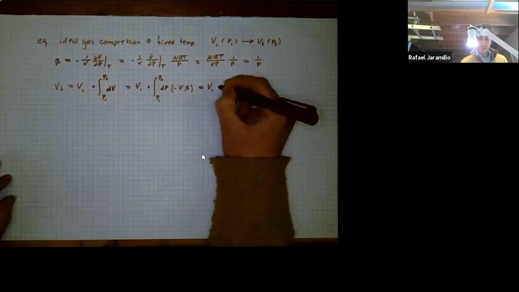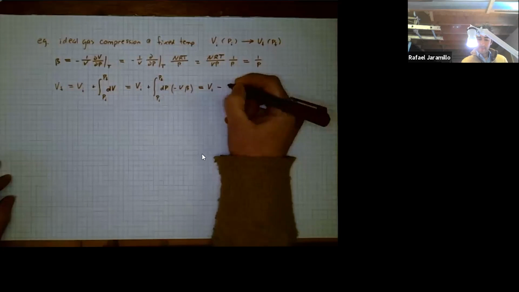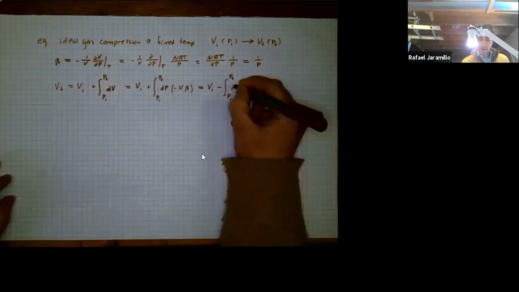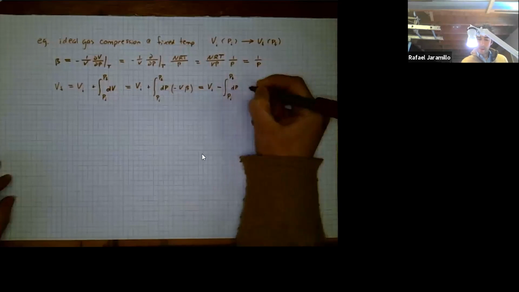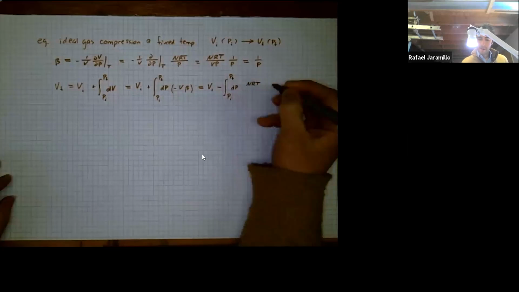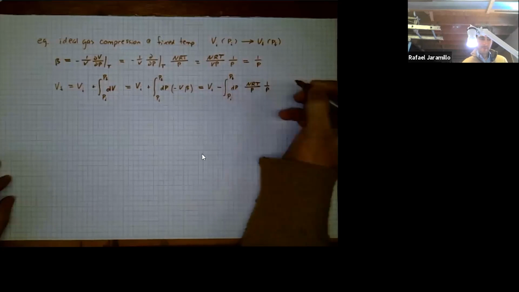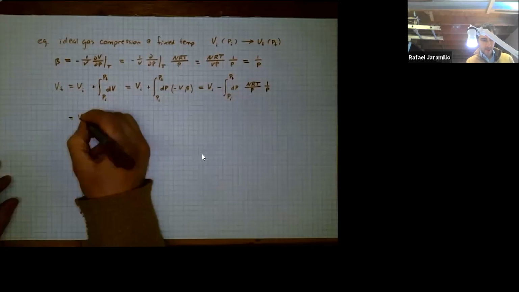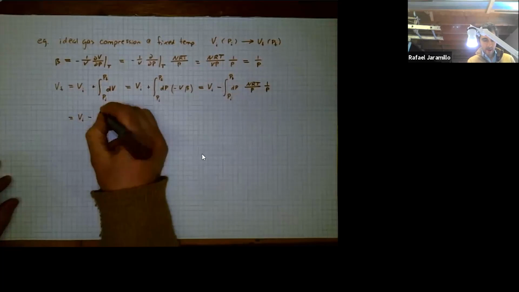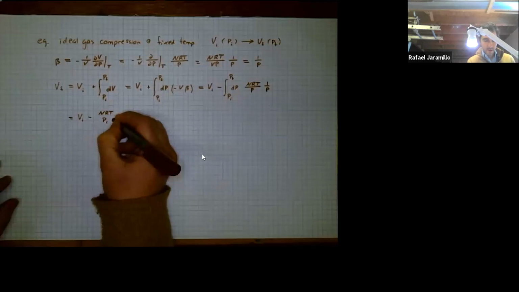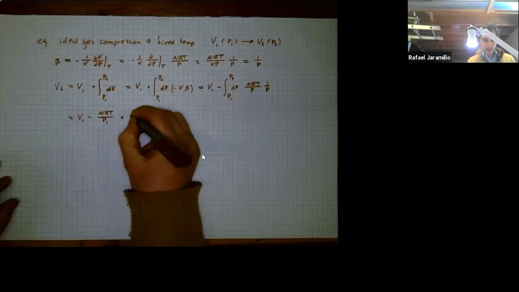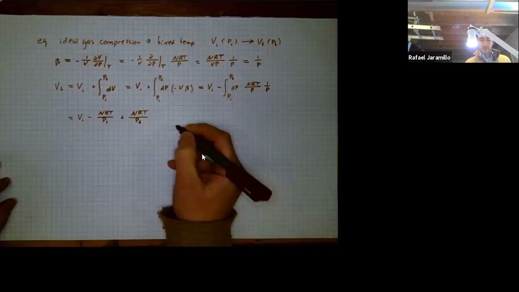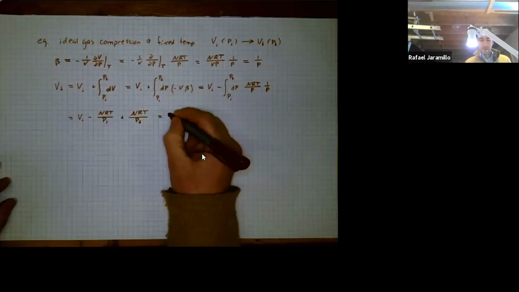This is volume initial minus the integral from initial to final of dP and nRT over P, 1 over P, equals V initial minus nRT over P initial plus nRT over P final, which of course just equals volume final.